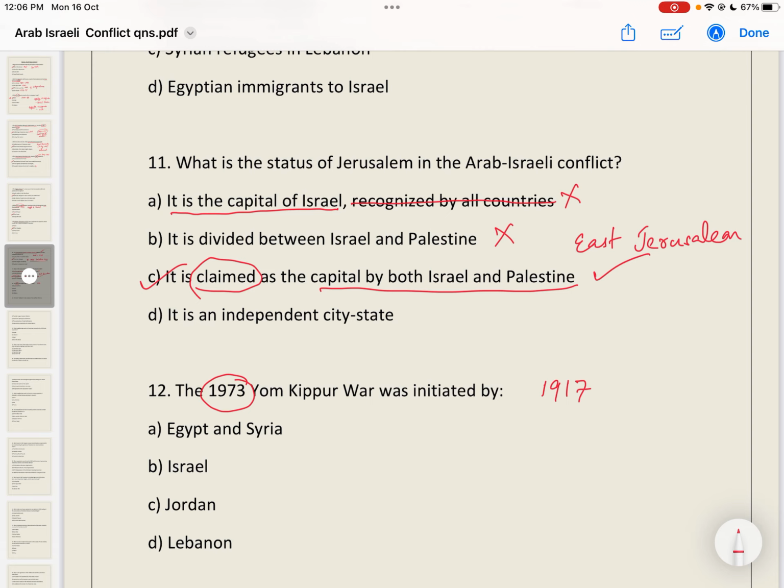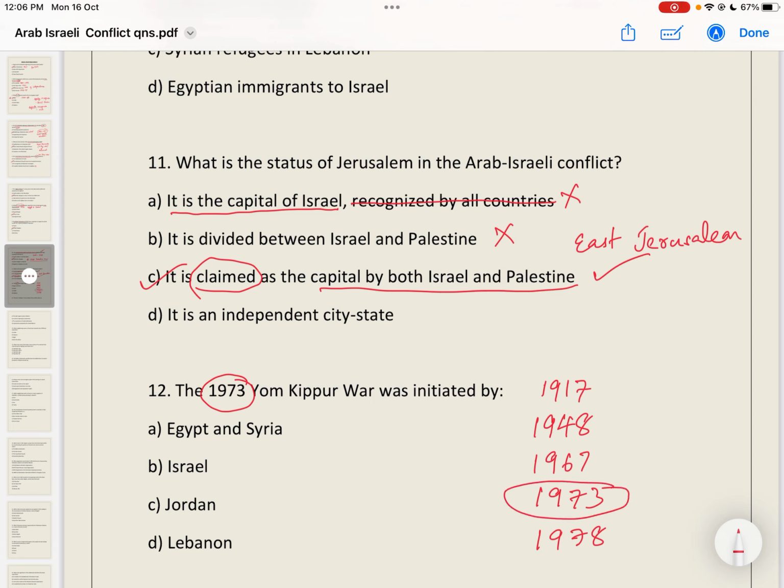Then we have talked about the 1948 Palestine War. Then we have talked about the 1967 Six Days War, right? Now, imagine that after that we have the 1973 Yom Kippur War, and then we talked about the Camp David Accords of 1978.